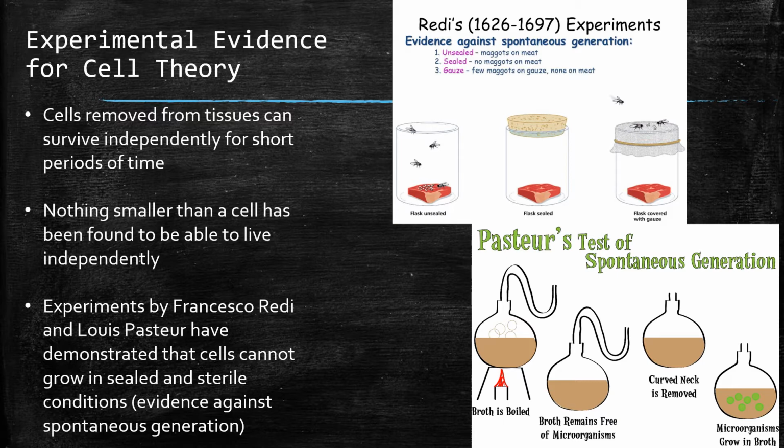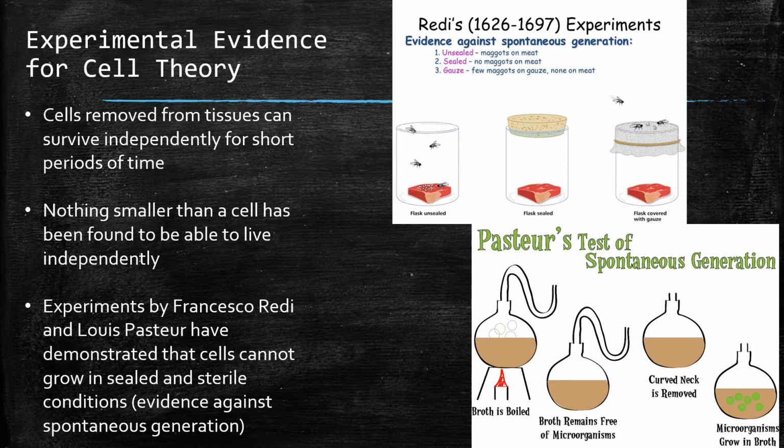Redi's experiment was way back in the 1600s, and at the time it was thought that maggots spontaneously grew from meat. So you would be getting insect cells straight out of meat. Redi disproved this by taking meat, sealing it in a sterile container, and showing that no flies appeared.